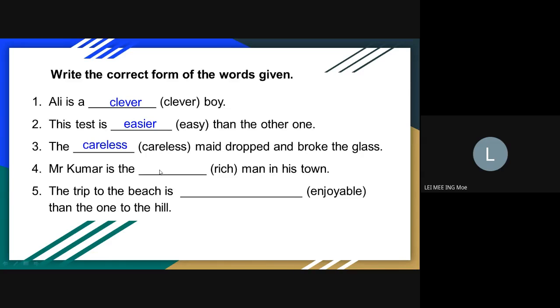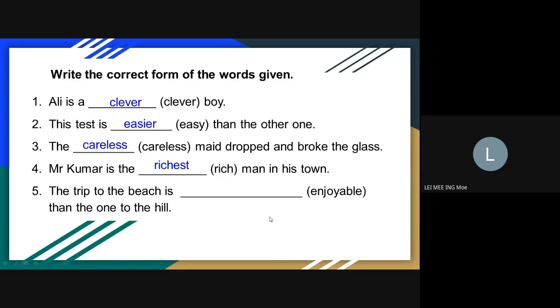So look at here. We have the in front of our blank, so it is a superlative form. Richest with est. Since we are comparing Mr. Kumar with the other men in his town, and he is the richest, it is a superlative form.